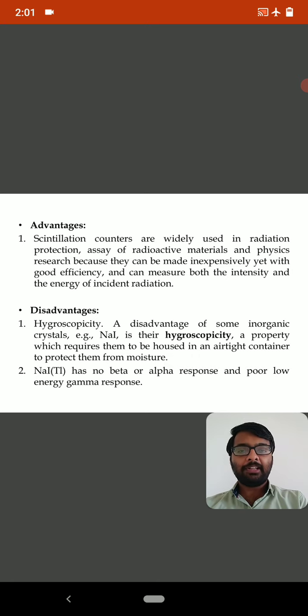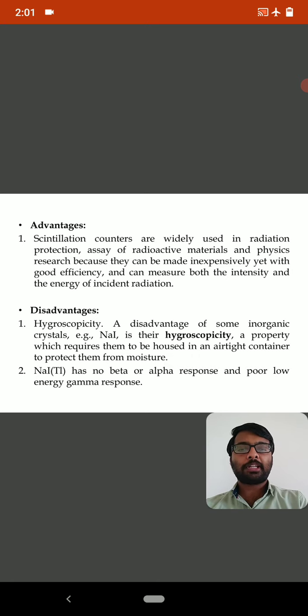Along with that, the sodium iodide crystal, which is the commonly used scintillator in most scintillation detectors, this thallium activated sodium iodide has no beta or alpha response.